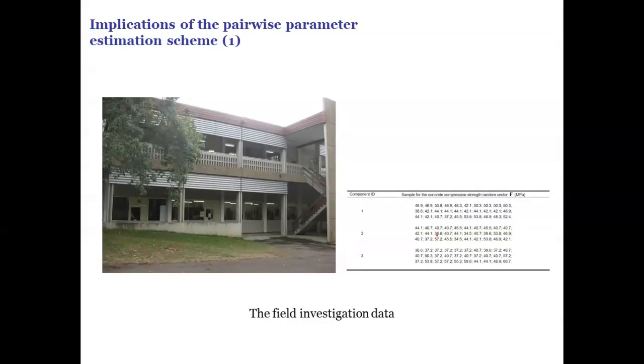As we can see, we selected 3 critical locations for the building to carry out the structural appraisal. At the first critical location, we collected these results. Second location, these results. Third location, these results. This forms the complete data set.